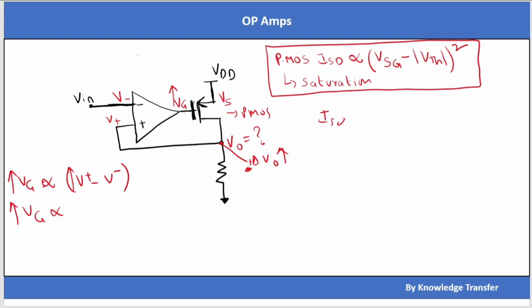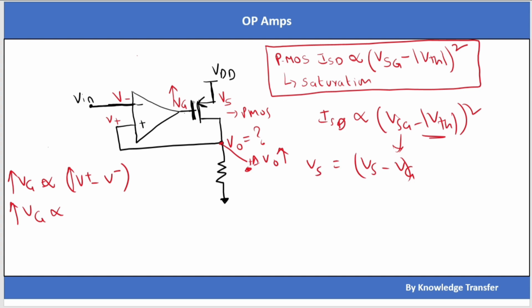So ISD, that means current flowing from source to drain in the PMOS, is proportional to (VSG minus mod VTH) whole square. VTH we don't have any control over; this is the threshold of the MOSFET. And VSG is VS minus VG, so this is VSG.